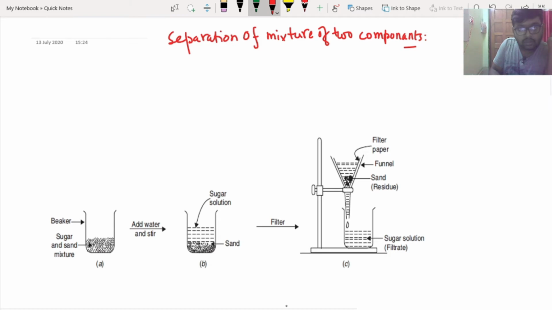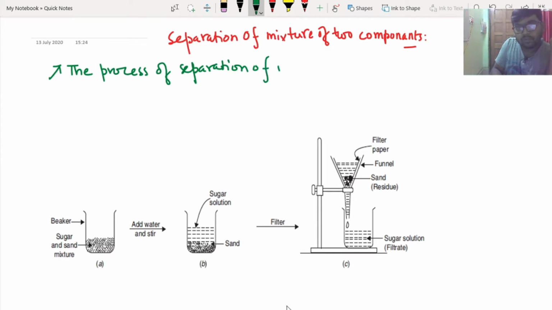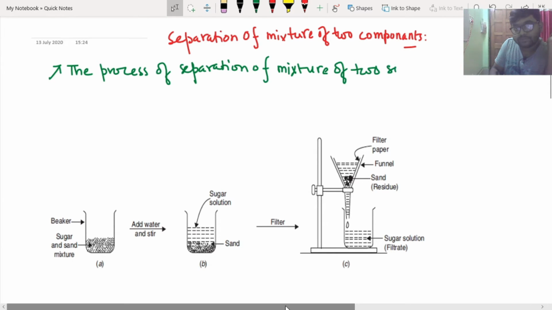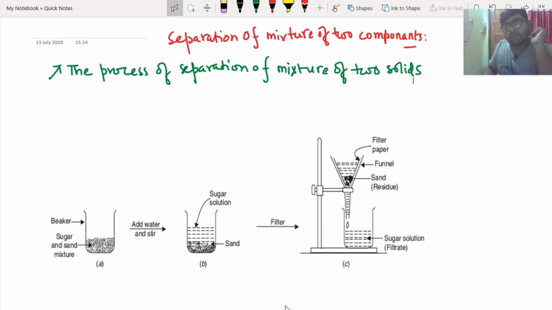The process of separation of a mixture of two solids can be done in a few ways. First of all, by using a suitable solvent.